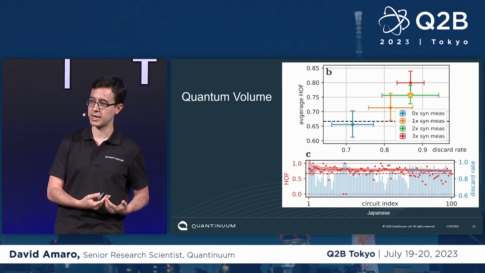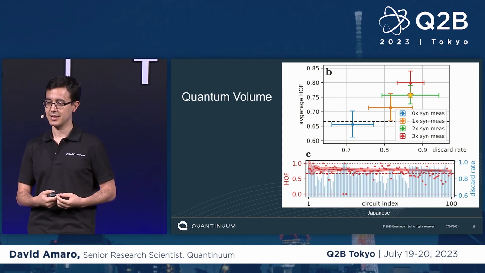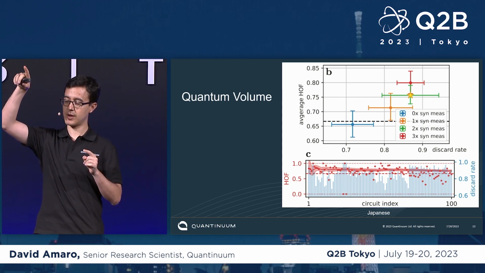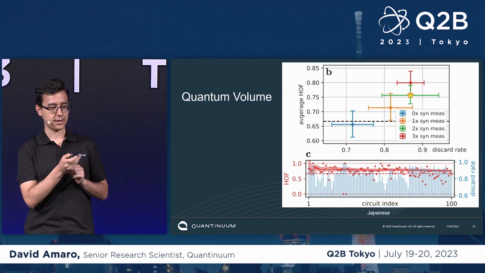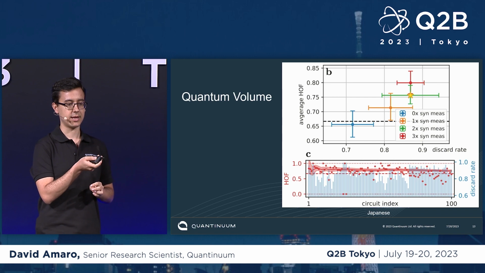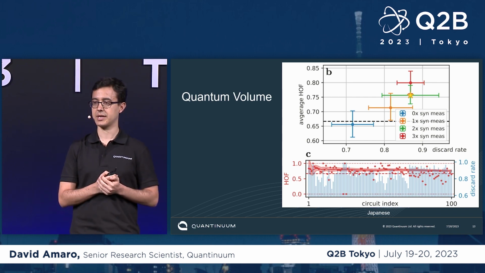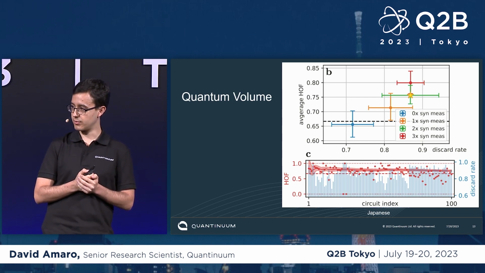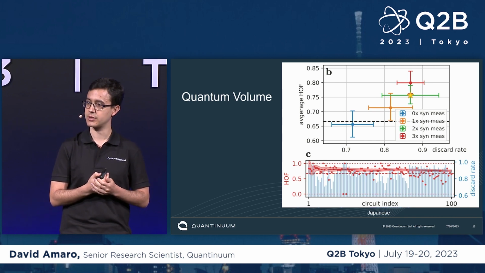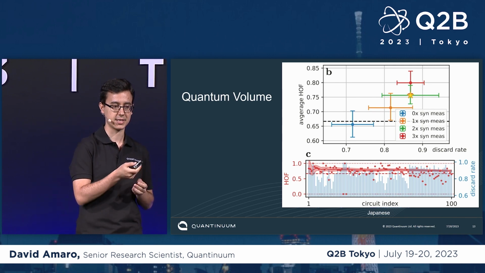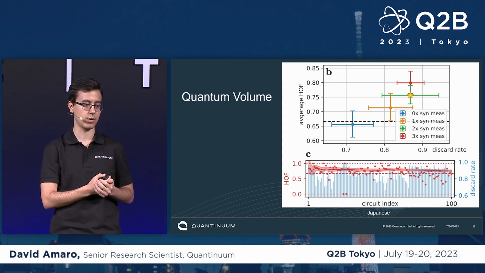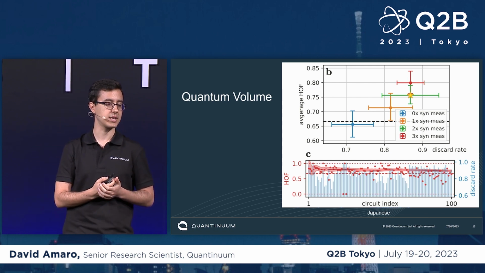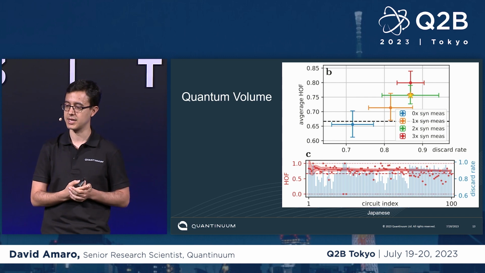It's improving the quality of the results. You can see that these points are going up as we add more syndrome measurement circuits. And the other thing I want to highlight is that it comes at the cost of a higher discard rate. So if you want to improve the quality of your results, you need to pay the price of a higher discard rate. In this case, it's on the horizontal axis. You can see that the green one is maybe at 87, 88% discard rate.